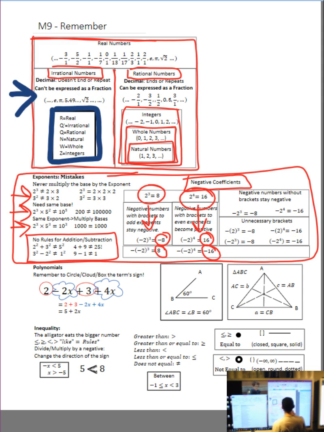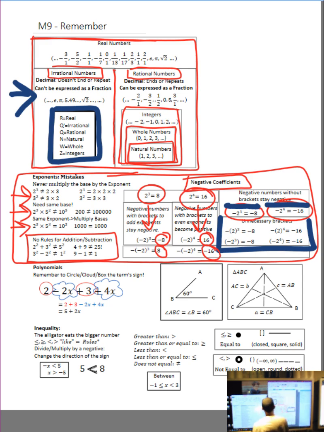So we've already talked about how negative numbers without brackets stay negative. That negative is so far off to the left. And then we have a whole bunch of cases of unnecessary brackets where the brackets just don't matter.